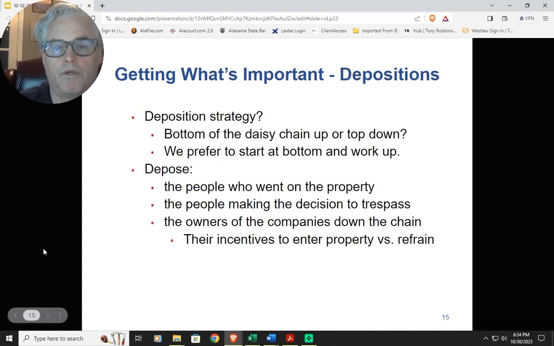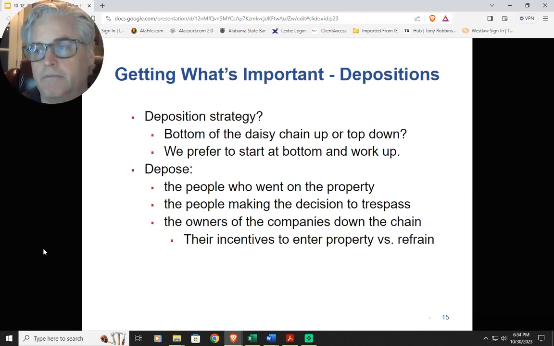So, you're in litigation. You've done your paper discovery. Who do you depose? The consensus in our presentation is you always start at the bottom of this daisy chain, and you work your way up. You want to start with the people who went on the property, and then the people who did the drive-by inspection to determine vacancy.